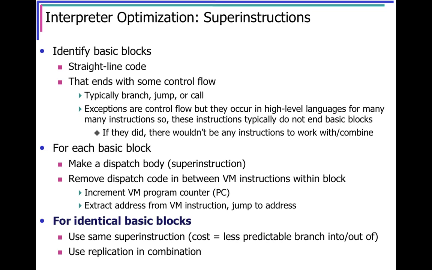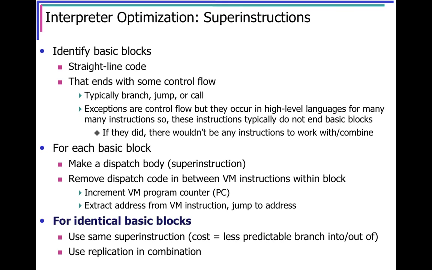Again, if you have two basic blocks and they have the same handler, when the handler executes, you don't know which basic block it's implementing. So sometimes it'll be for one, sometimes it'll be for another, which means the target of the basic block will be different for either case. If you have multiple targets, then the branch becomes less predictable.